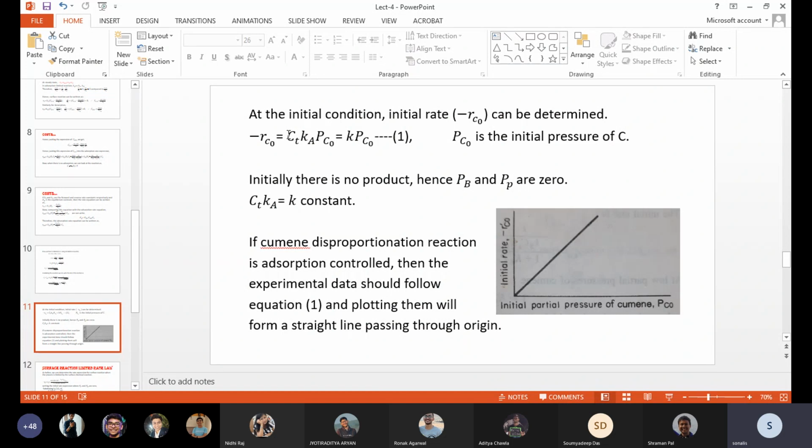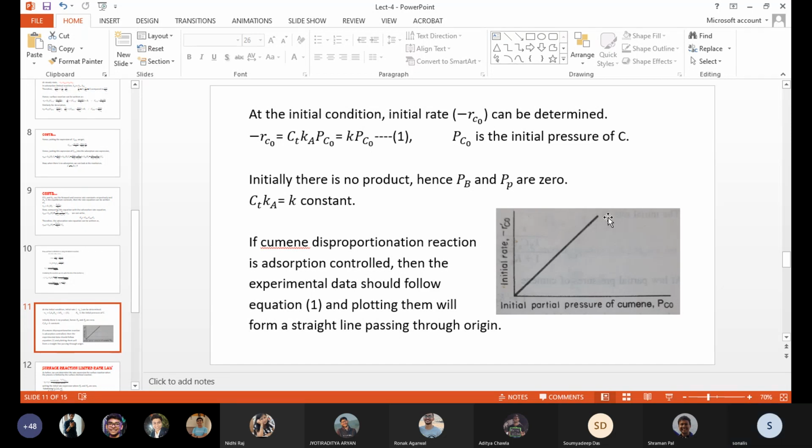So as a whole, we take Ct into Ka as one constant, Ka1, into Pc0. Pc0 is the initial pressure of cumene. Initially there is no product, hence Pb and Pp are 0. So Ct Ka is constant. If we plot the curve of minus Rc0, the initial rate, against Pc0, it will give a straight line passing through the origin.